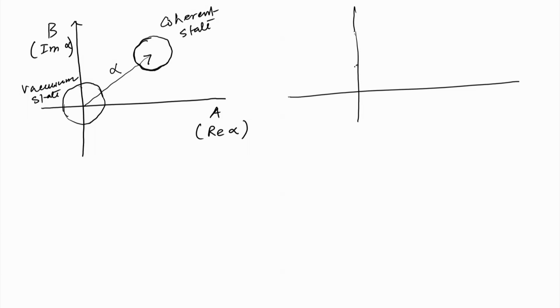So, this is A, this is B again, this is the real part of alpha and this is the imaginary part of alpha, and this is of course a squeezed vacuum.